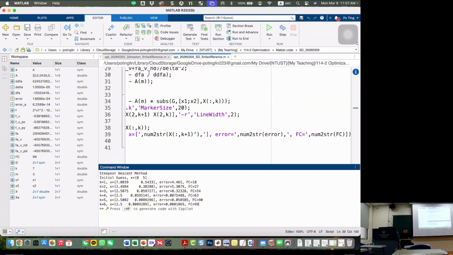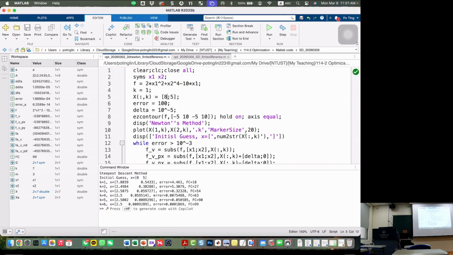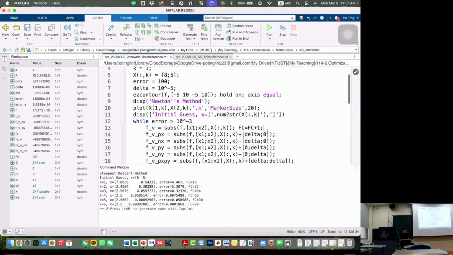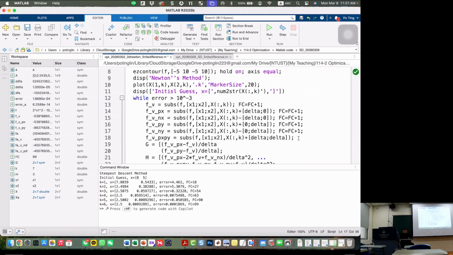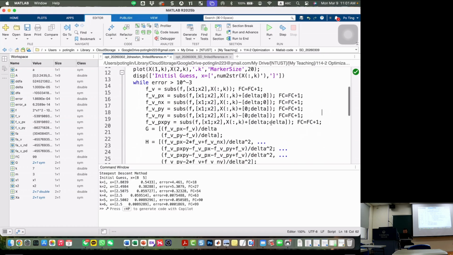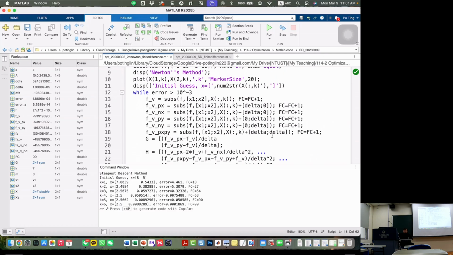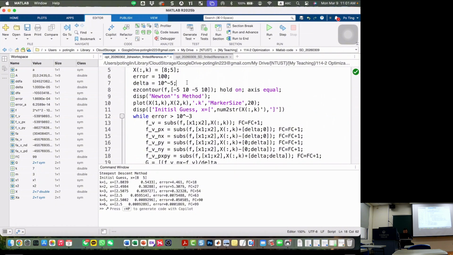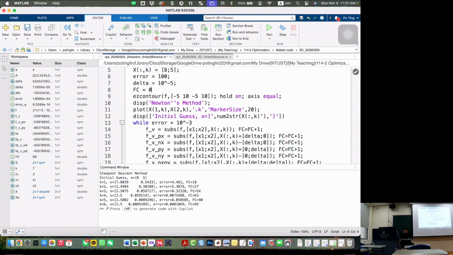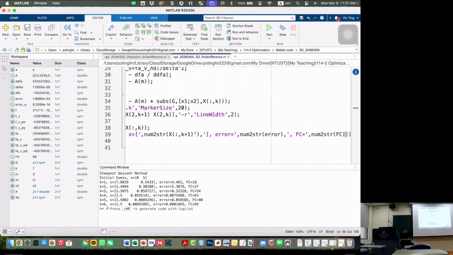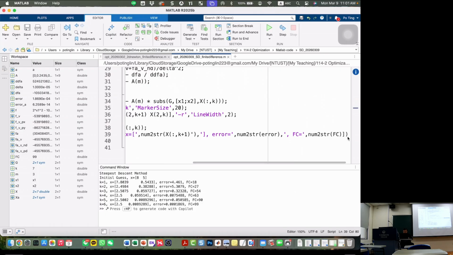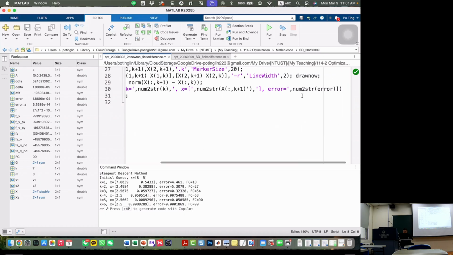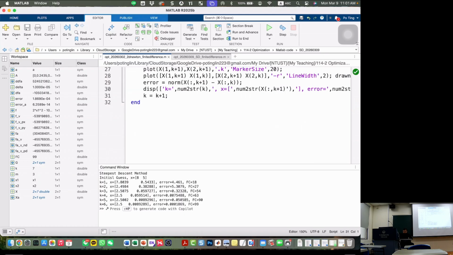How about Newton's method? Same problem. Here, function call plus 1. That's the only place you evaluate the function. And outside, I'm going to say function call equals 0, and then display the function call, same here.